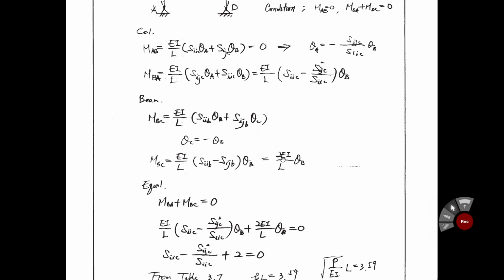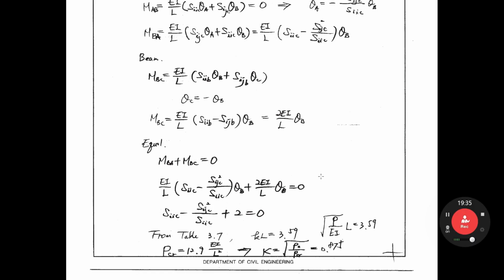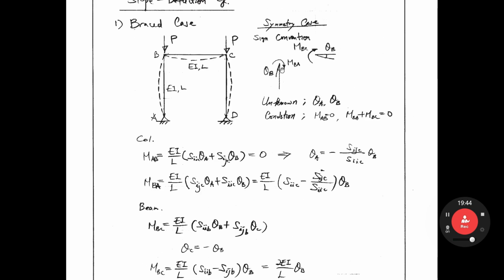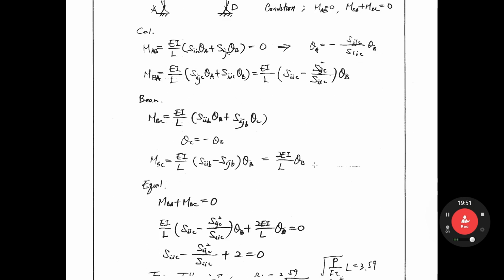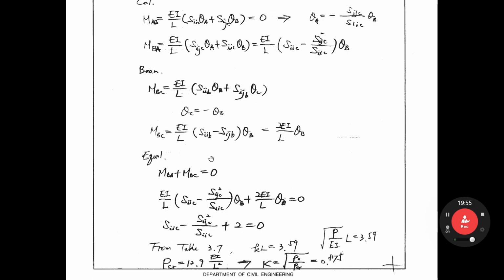So EI over L theta B. And again, the equilibrium: MBA plus MBC must be 0 due to joint equilibrium. So MBA is this equation, MBC is this equation. Then you can write this equation, right?